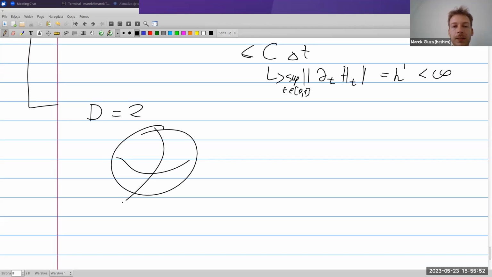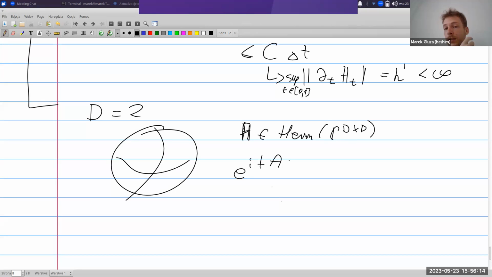In general, if you fix h, or let me use a, I fix a in our Hermitian operators, C d by d, then e to the i t a will be a geodesic. So for all t, this is a unitary matrix. I think we were also using the notation of d-dimensional unitary matrices, and this will be a geodesic curve.